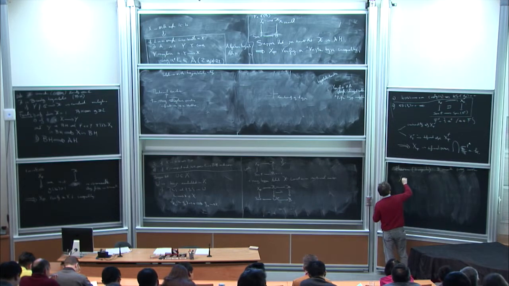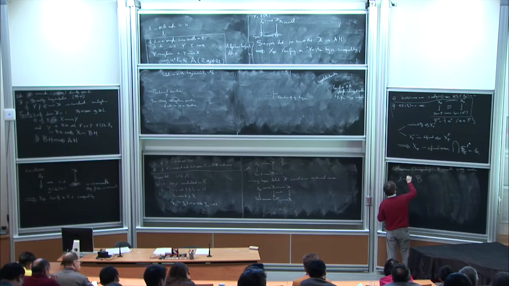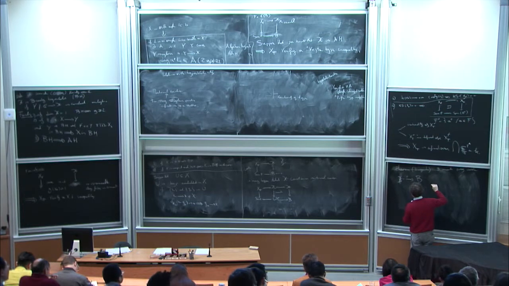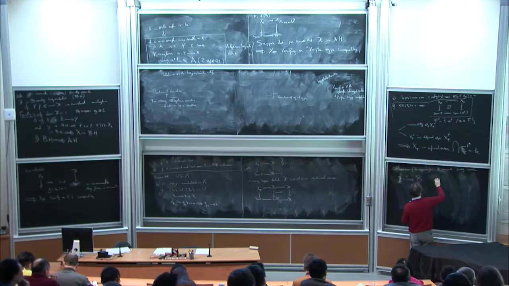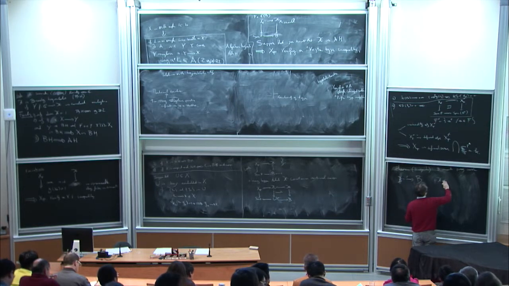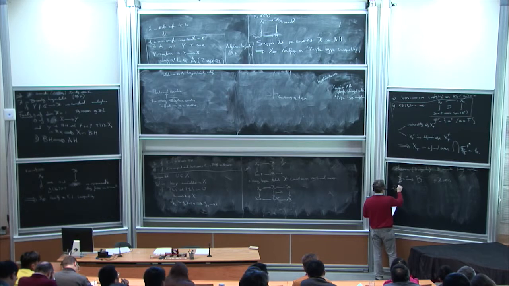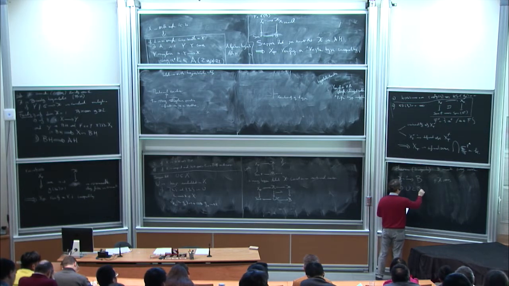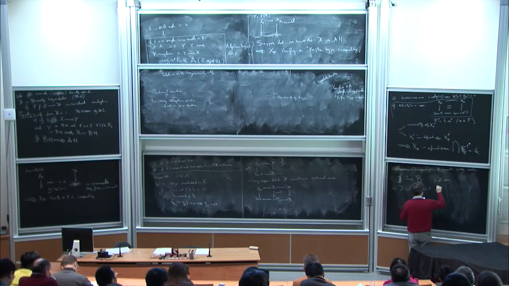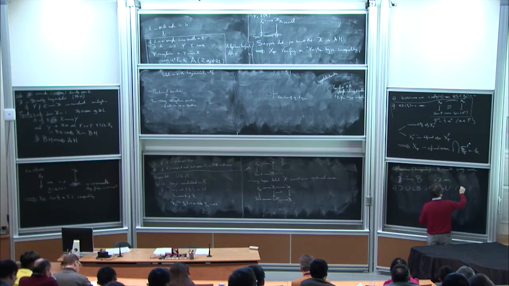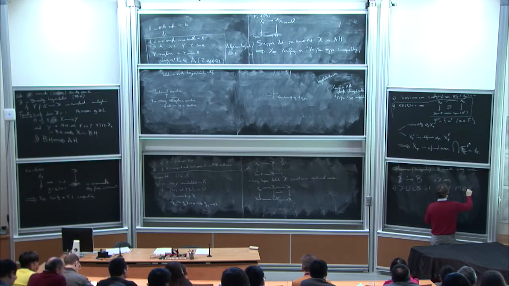And you have a morphism p from X to B, with X, let's say, smooth projective. And then you suppose, first, that there exists an open set U in B such that for every y in U, p^{-1}(y) is hyperbolic.